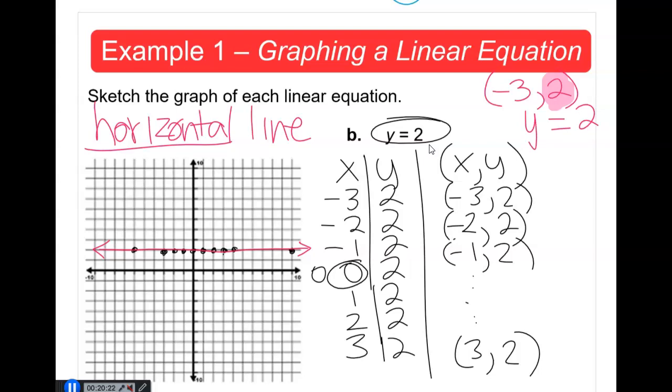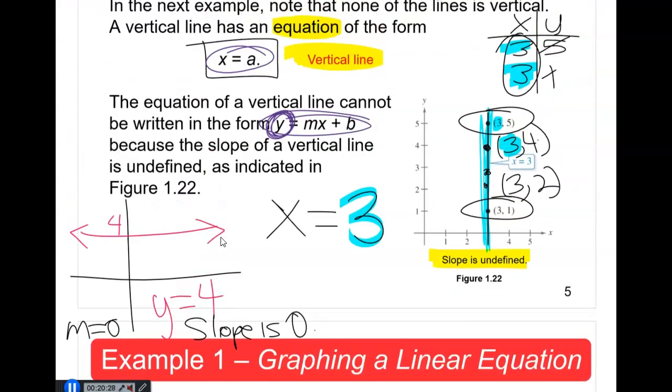So you need to remember that. Y equals a number is always for horizontal lines. And like we saw here, x equals a number is always for vertical lines.